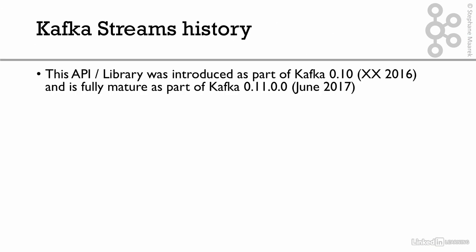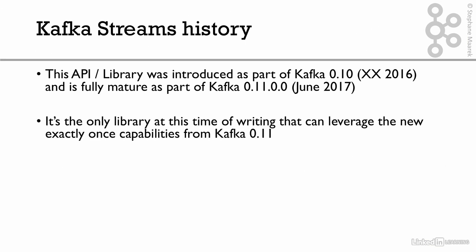Now again, in history, the API was introduced as part of Kafka 0.10, which was sometime in 2016, and was fully matured as part of 0.11, which is in 2017. It has actually undergone a lot of different transformations over time and has really evolved into Kafka 2.0. But at this time of writing, it's one of the only libraries that can do exactly once with Kafka 0.11 and above.